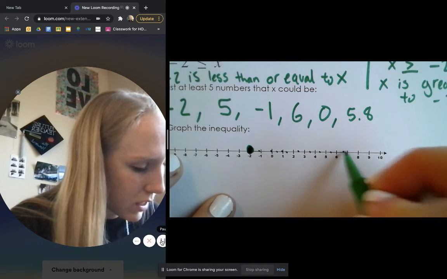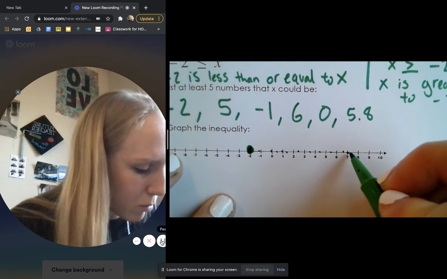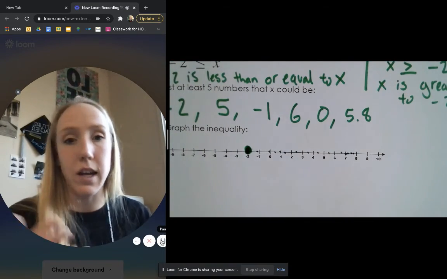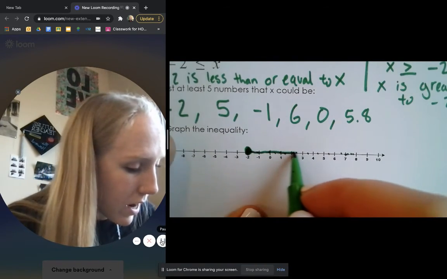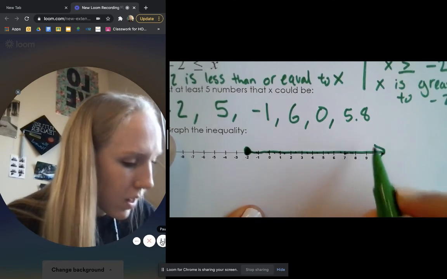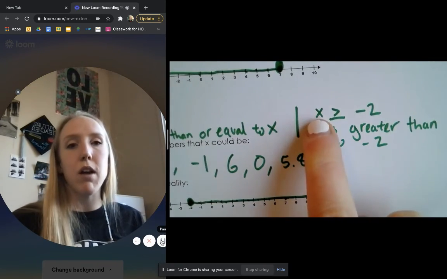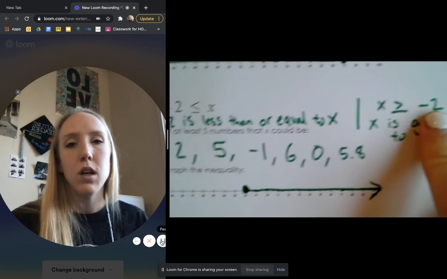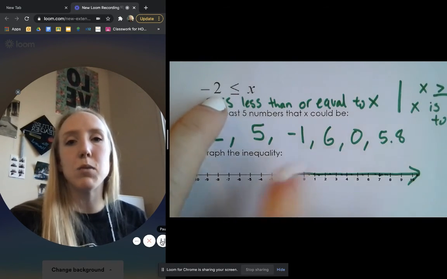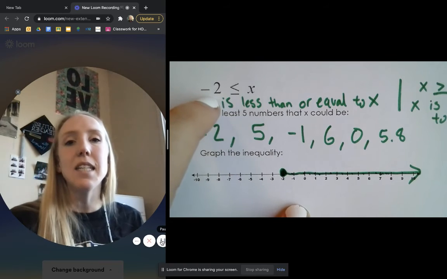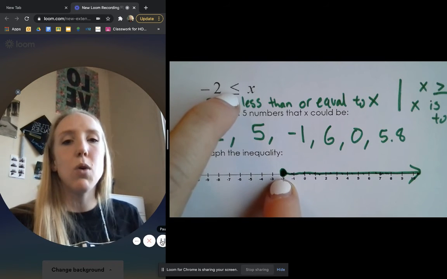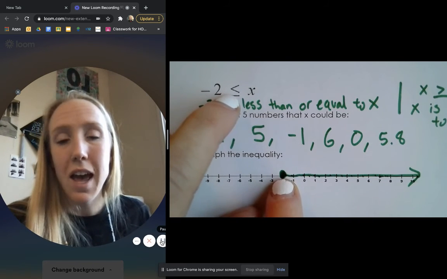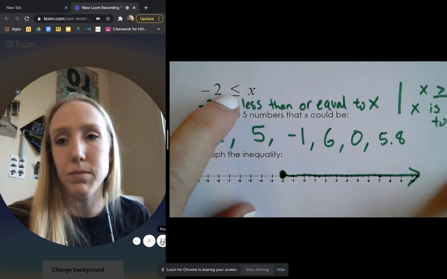And if I fill in all these numbers, 7, 7.1, 7.2, 7.3, 7.4, and I just picked a random spot because that's greater than negative 2, I could fill that in and get all of the numbers. And so really what I graphed was x is greater than or equal to negative 2. But the original way to say this was negative 2 is less than or equal to x. So negative 2 is the smallest it can be. X has to be all the numbers that are bigger.